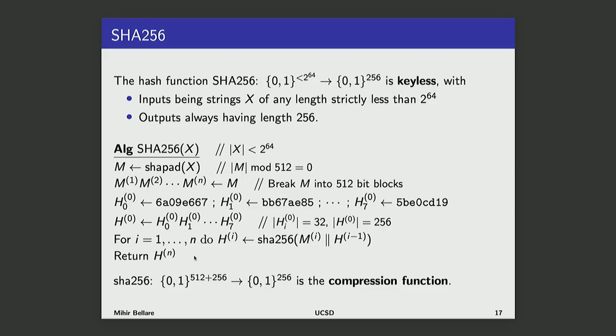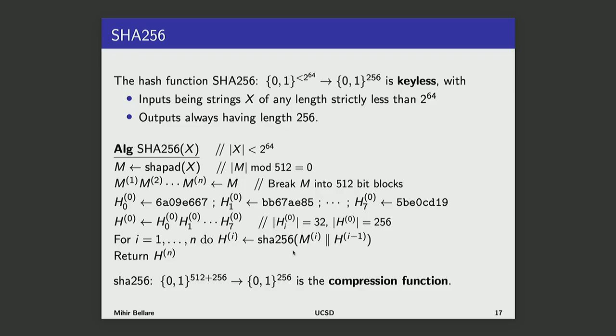Now what the design does is it comes to the main part where it appeals to a subroutine, which I write as SHA little small letters 256, and that's called the compression function. That function maps strings of this length to 256-bit outputs. So unlike this function, which has very long inputs, this has inputs which are only a little bit longer than the output, 512 bits longer.